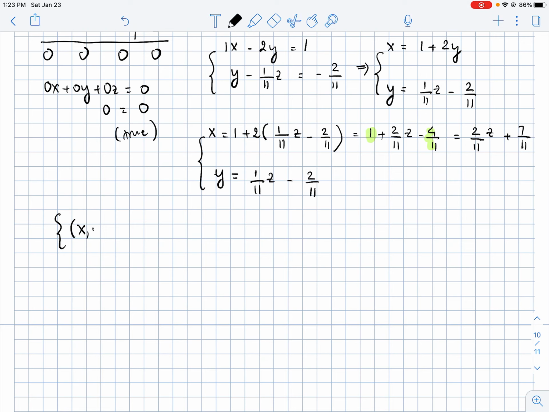So the answer would be the set of x, y, z such that x equals 2 over 11z plus 7 over 11, y equals 1 over 11z minus 2 over 11, and z is any real number.